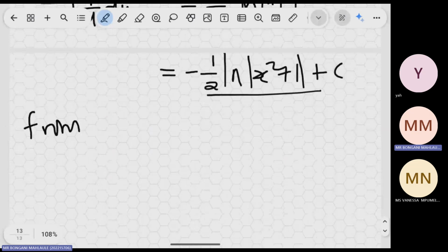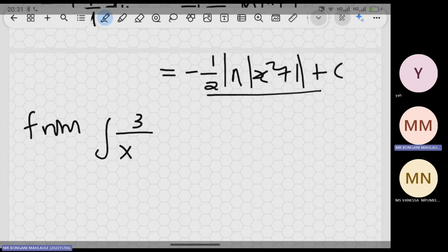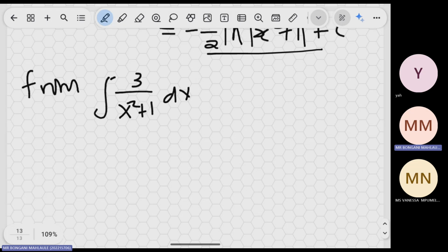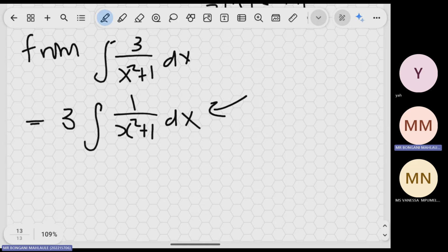Then you say from the integral 3 over x squared plus 1 dx. This is the third one. So this one, if I take out the constant, I will be left with this. So the integral of this, I think you have done inverse.